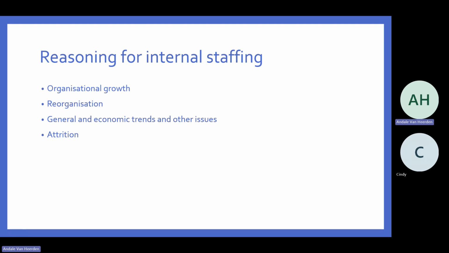General and economic trends and other issues. So a specific division might be doing very, very well or very badly. And because of that, I now need to restaff somehow. And remember, if I'm saying that a division is doing badly, I might not necessarily close it, but I might change who I've got in leadership positions there.